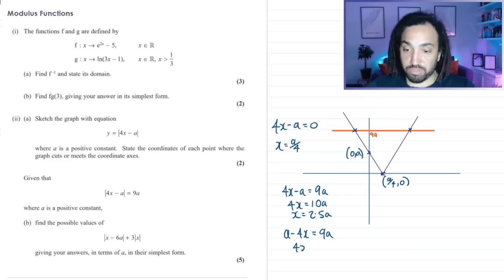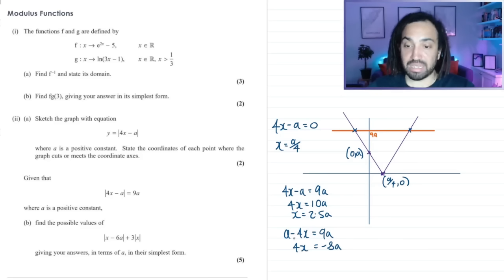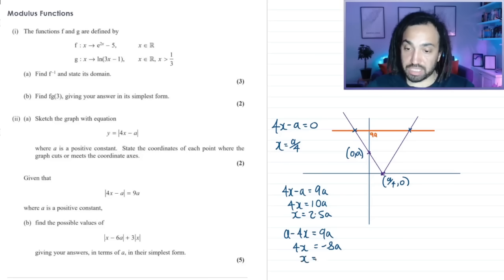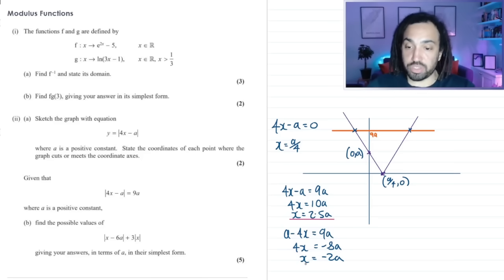So that tells me that 4x is equal to minus 8a. I think. Move that over there. Yeah, that does the job. So x is equal to minus 2a. Okay, great. So that is definitely going to be helpful. Those are the two x values that solve this equation, which we've been told is true.